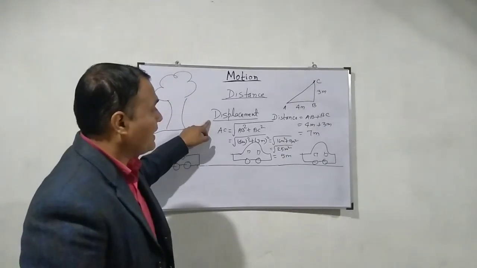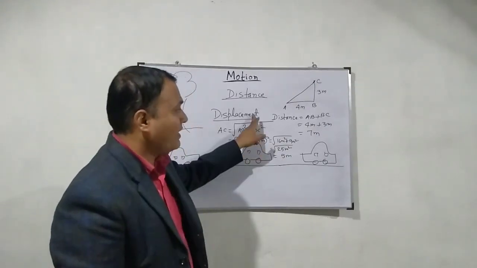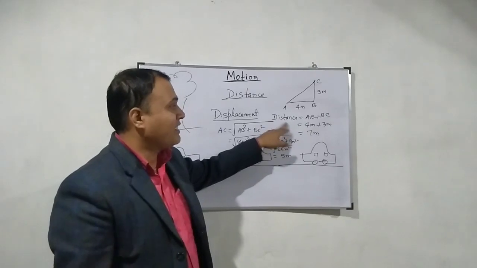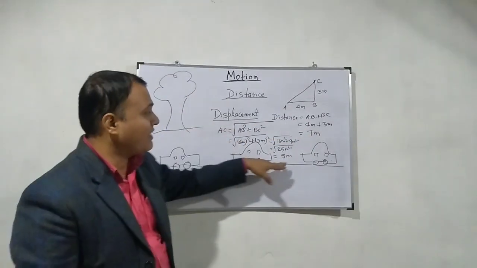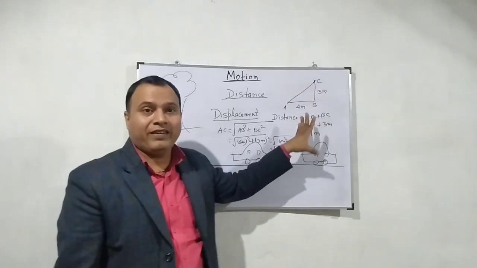So the value of displacement is 5 meter, whereas the distance between A and C is 7 meter. In this case, displacement and distance are different.